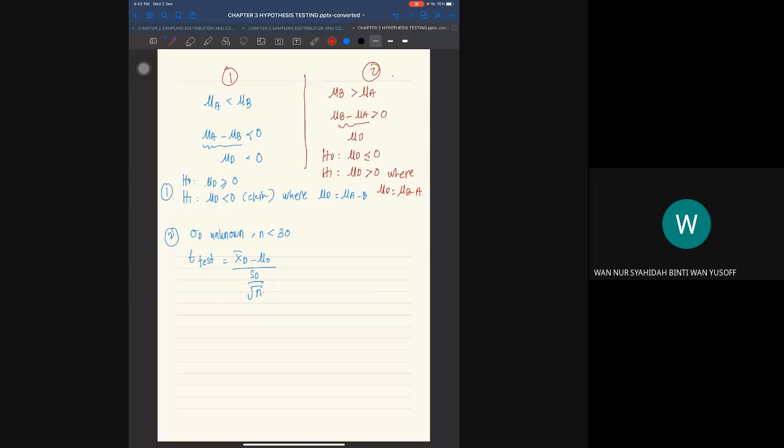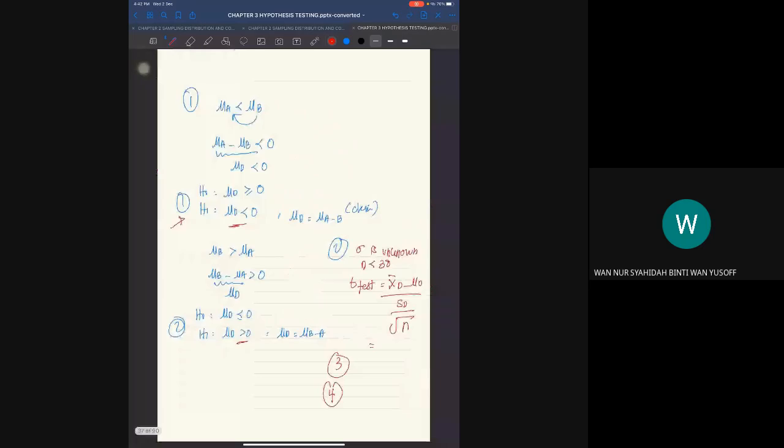So in this case, you can choose whether you want to use the first hypothesis or the second hypothesis. Either one will be accepted. Do not write both, you will get confused later. Any questions so far for the dependent sample? The rest is similar. Any question? No. Okay, so we proceed to the next one.